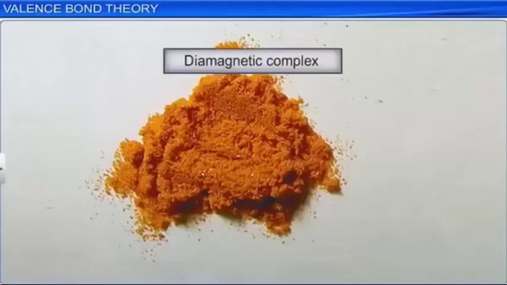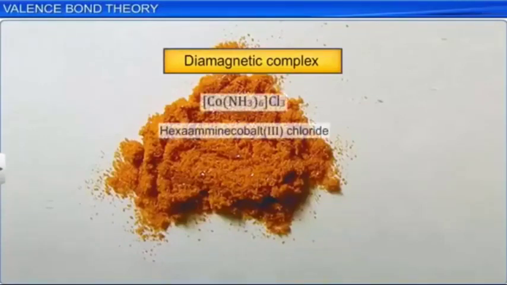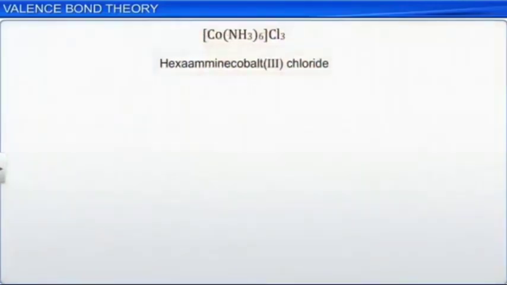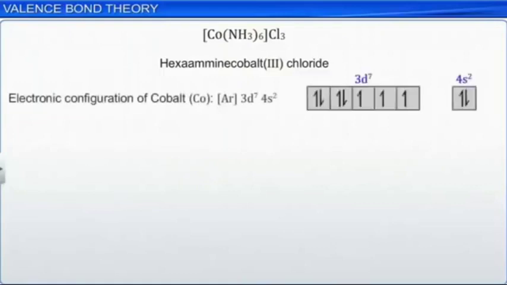Now let's apply these postulates to a diamagnetic complex, hexaamminecobalt(III) chloride. The cobalt atom in its ground state has the electronic configuration of argon 3d7 4s2. In the given complex, the cobalt is in +3 oxidation state.